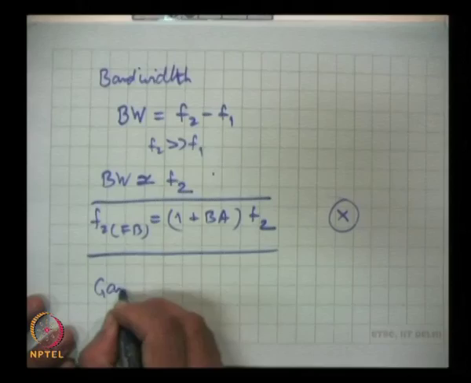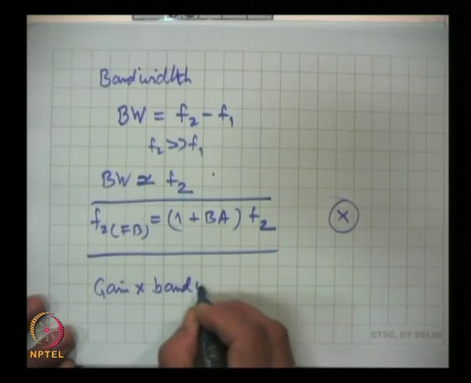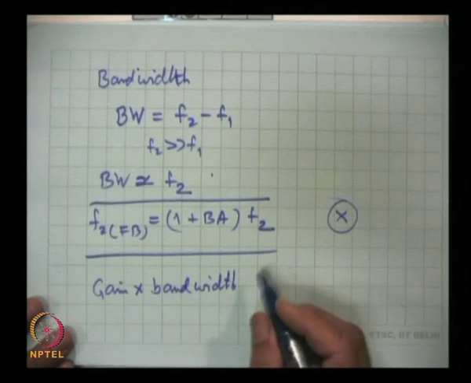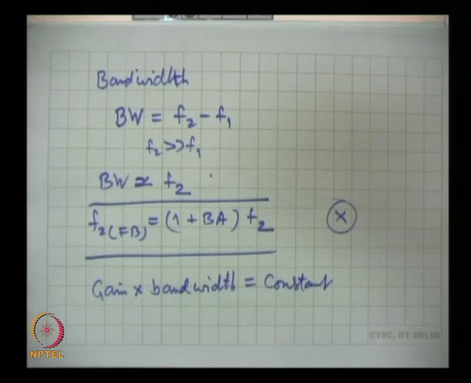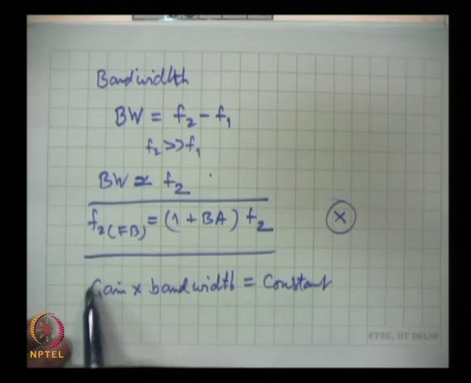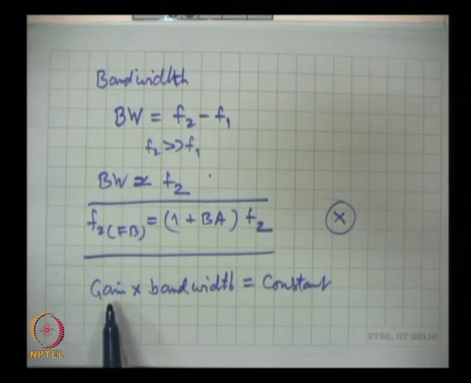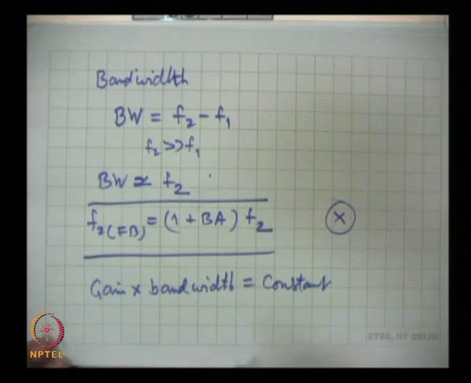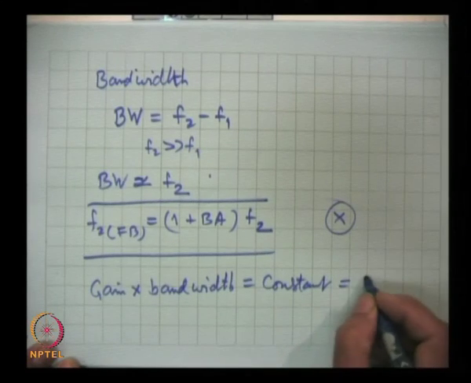One fundamental we should remember is that the gain bandwidth product, gain into bandwidth product, is a constant for any amplifier, and this comes out to be equal to, when gain is unity, look here, that means gain falls to 1, then that is known as upper cutoff frequency FT.